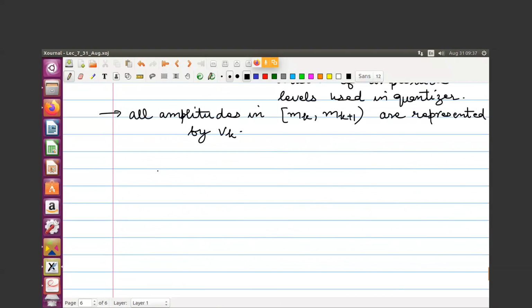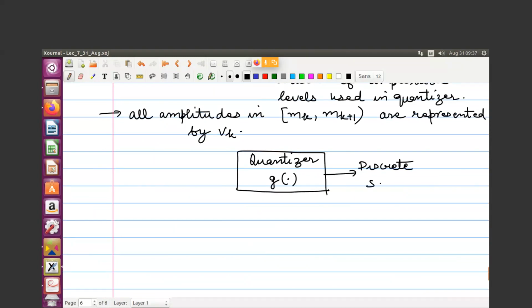So pictorially, this can be represented like this. There is a quantizer, which is a sort of a mapping. I'm not calling it a function. This is a mapping because the input is a continuous sample m and the output is a discrete sample v.